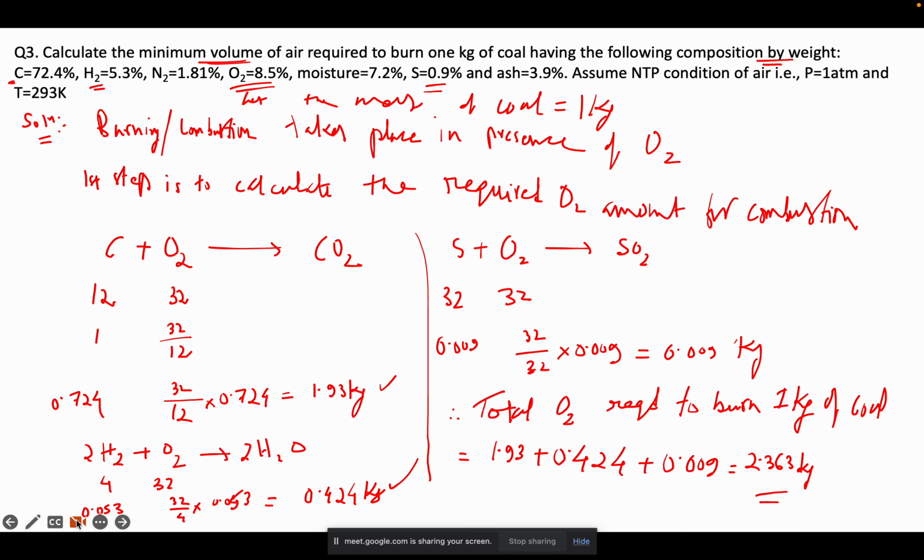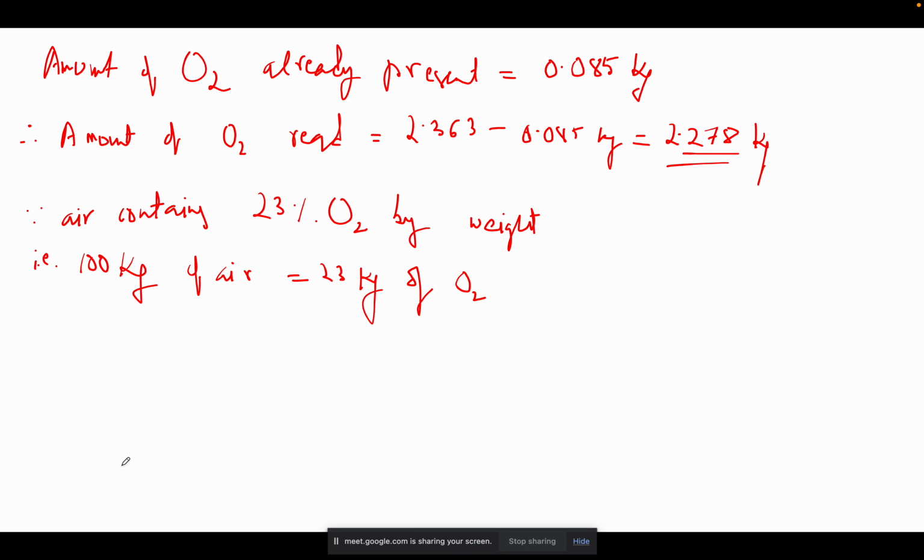First you have calculated the amount of oxygen that is required in kg. After that, if there is this much kg of oxygen, how many kg of air will be required? So 23 kg of O2 corresponds to 100 kg of air.